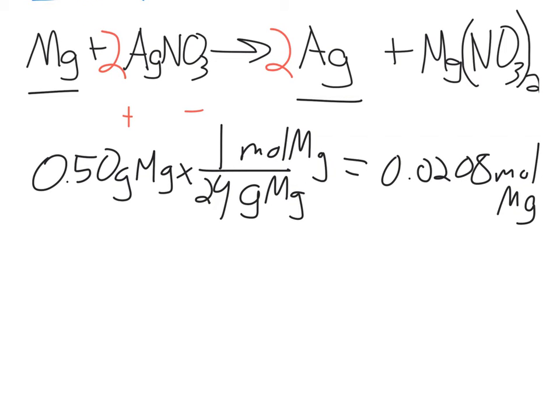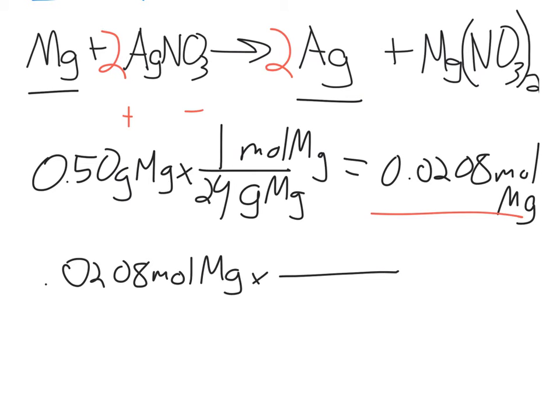So this is now the number I know. I'm going to put that out front. 0.0208 moles of magnesium times my next conversion. Well, if I start with moles of magnesium, then I'm going to put them on the bottom of the fraction. And I'm trying to get to silver, so I have to get over here to moles of silver.